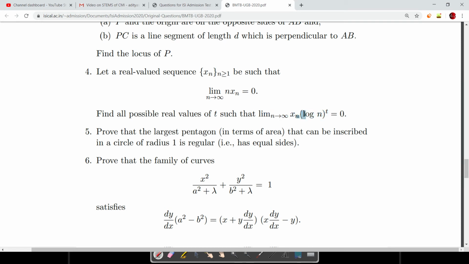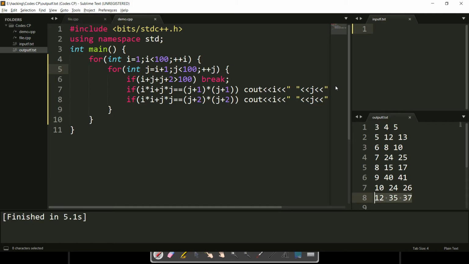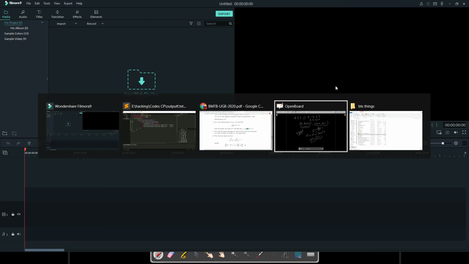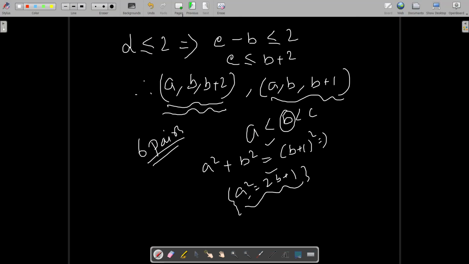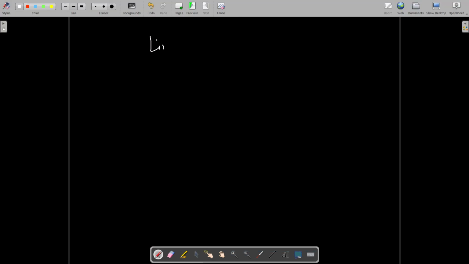And here you can prove that if you define a limit like this, (log n) whole to the power t divided by n, this limit always goes to 0 for any real number t, and you can prove that.